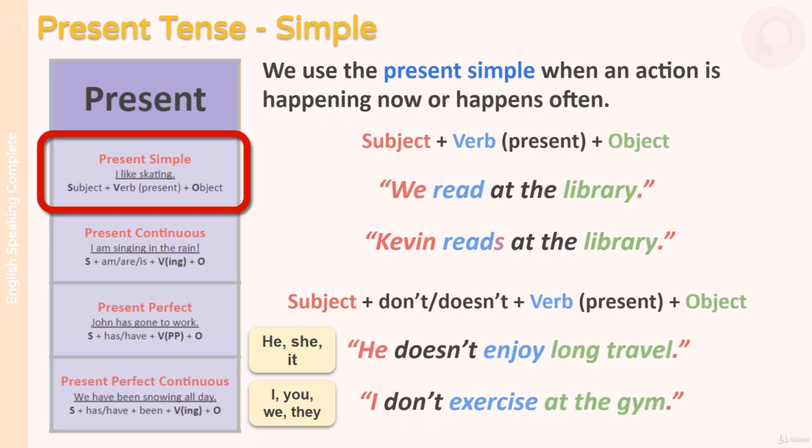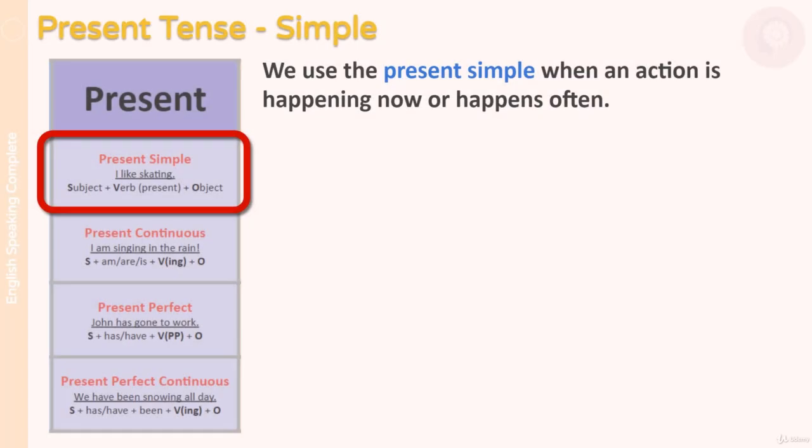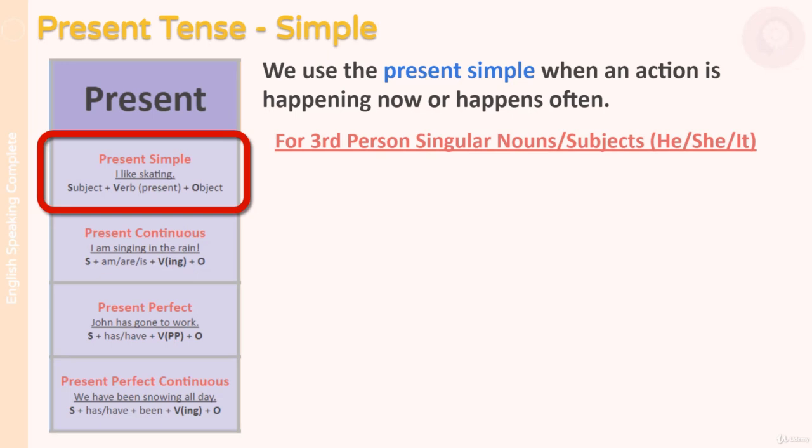Okay, I just want to give you more information on the point earlier, adding an S to the verb. Kevin reads. There's a bit more detail on this that actually makes it slightly trickier, but it's definitely worth us looking at this now. So when the subject is a third person singular noun, the verb changes form.